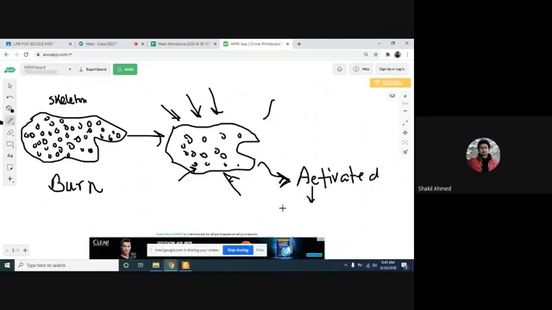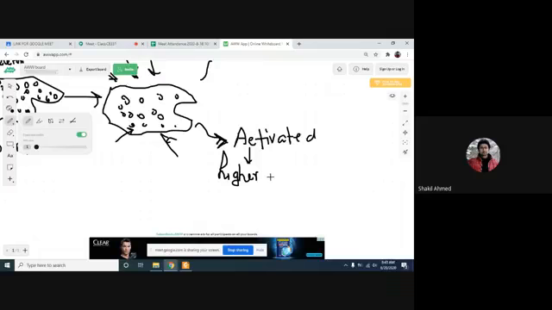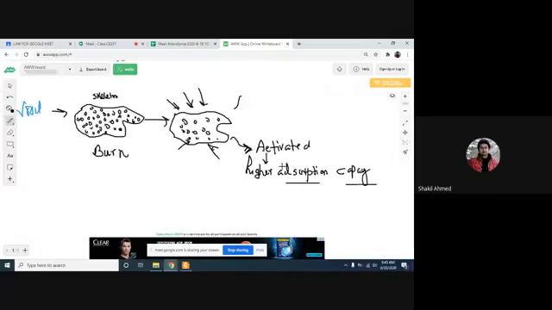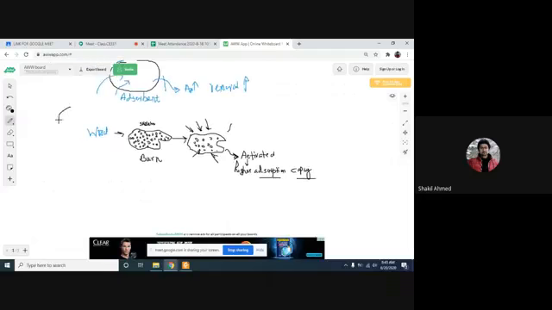That means it has higher adsorption capacity. That means you can increase the adsorption capacity of this material by the successive burning and then eventually passing it through the certain environmental condition.